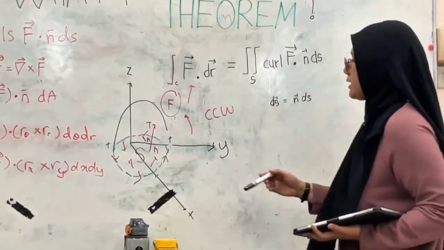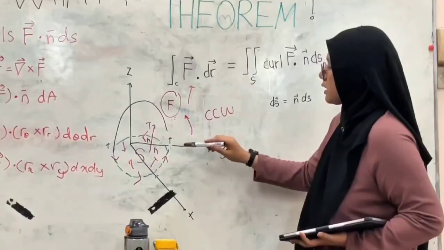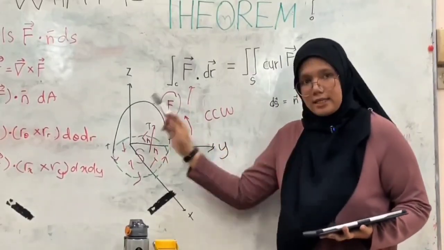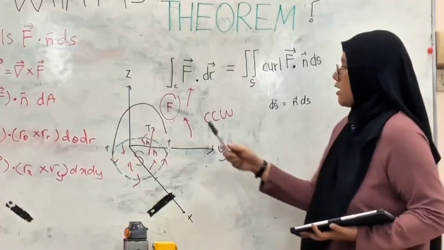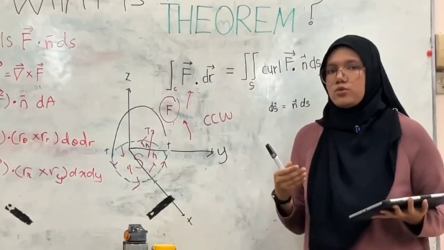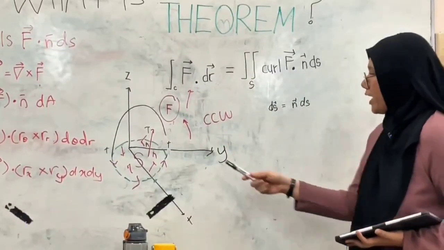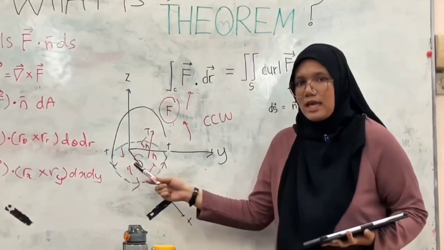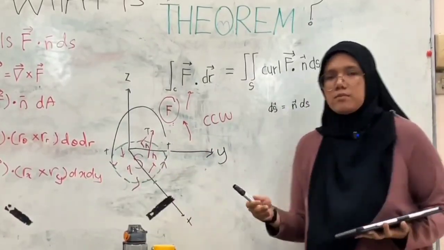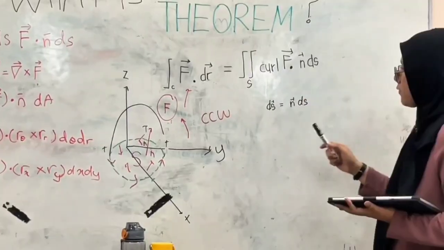Now, imagine that there's a little air current everywhere acting on the space, which we call a vector field. And we want to calculate the amount of the vector field acting in the direction of the curve. That's where Stokes theorem is used.